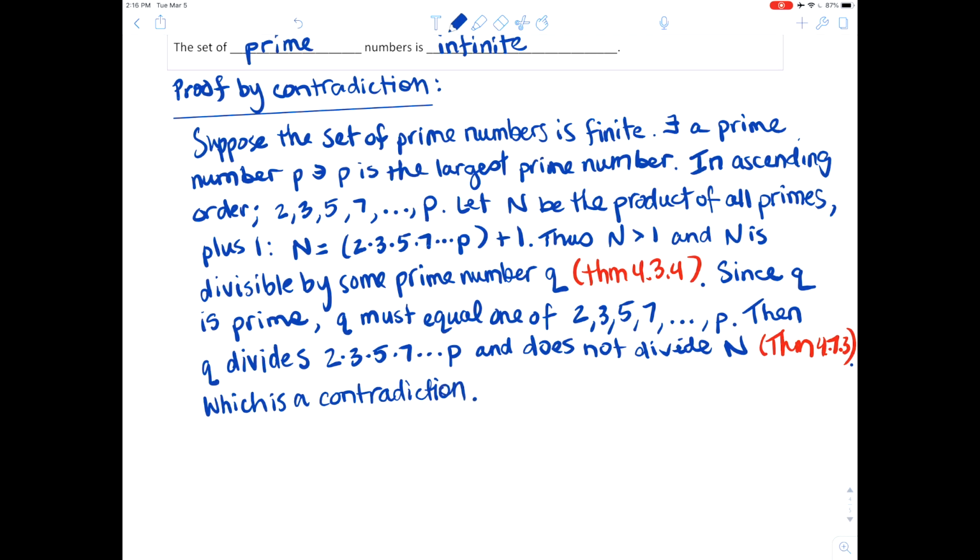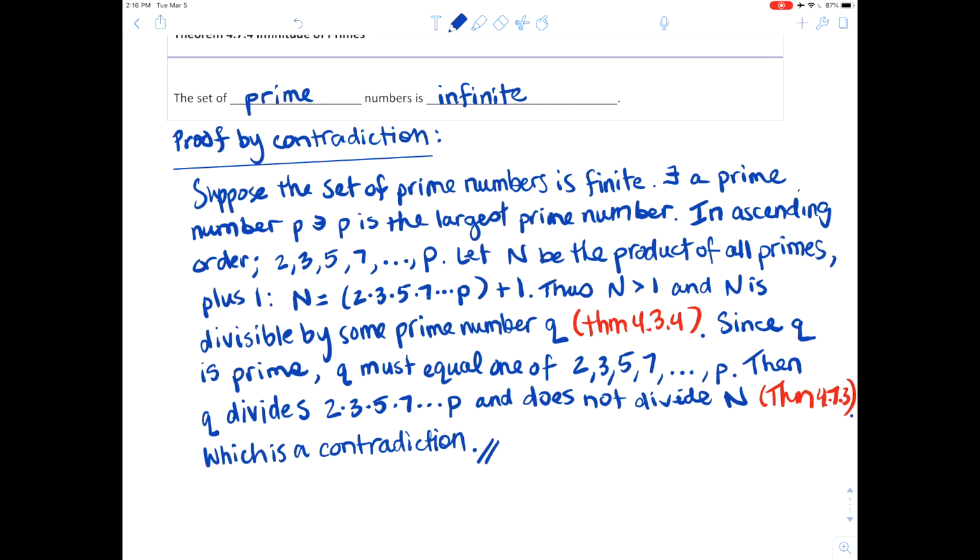And so we're done. We found our contradiction, right? So we've shown that the set of prime numbers is infinite.